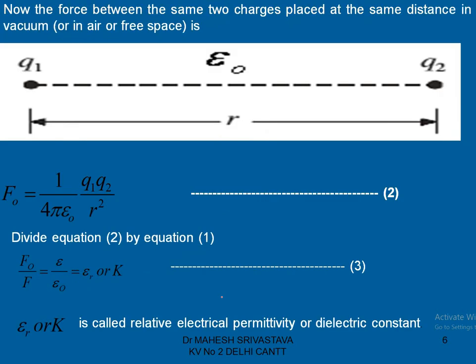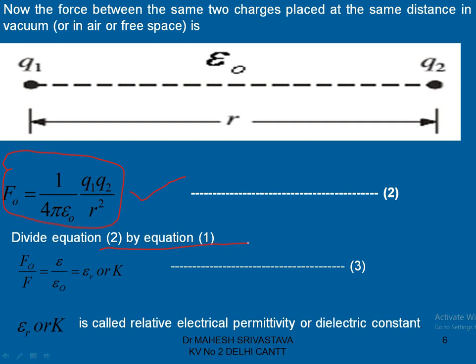Now we place the same 2 point charges at the same distance in vacuum or in free space and find the force acting between them, and that will be F naught equal to 1 upon 4 pi epsilon naught Q1 Q2 upon R square, and we mark that as equation 2. Now divide equation 2 by equation 1.